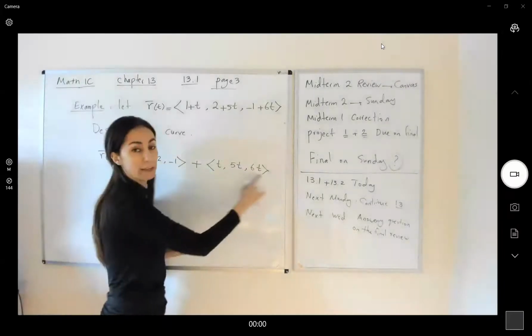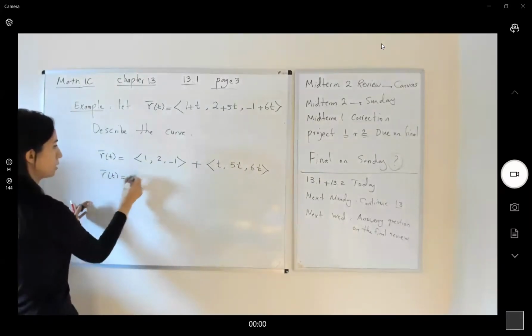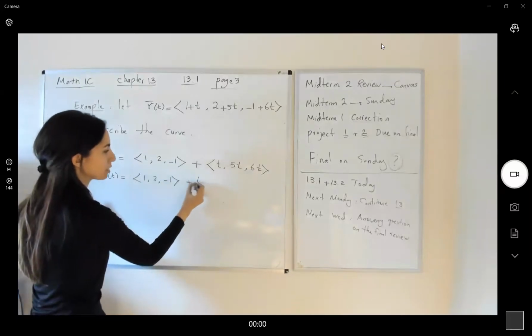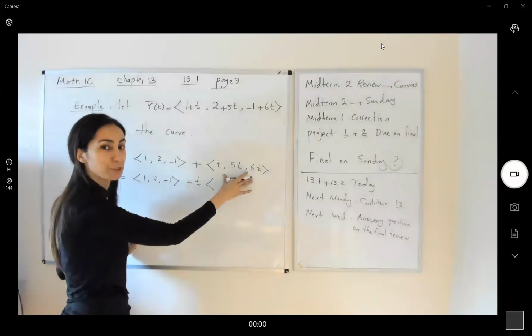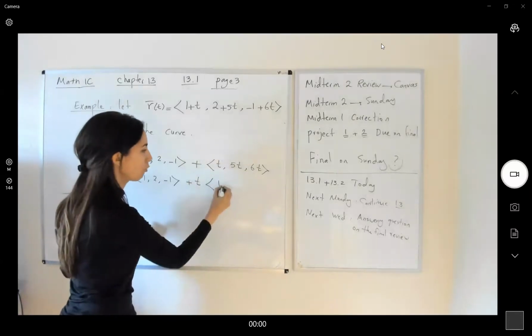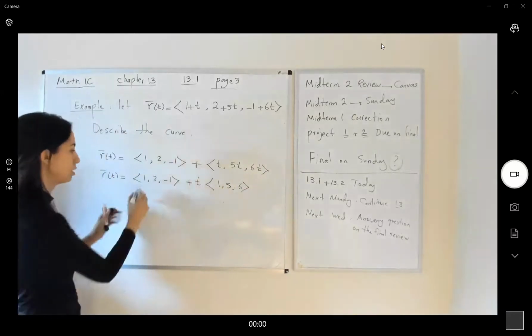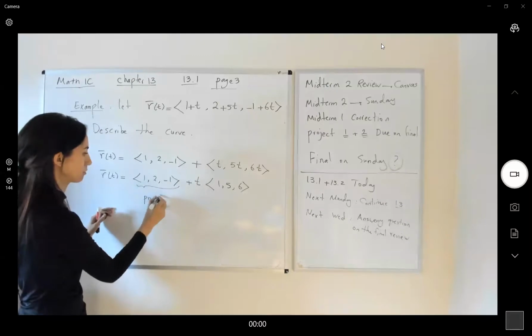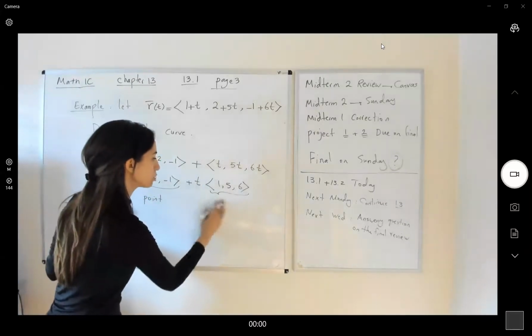Here, I'm going to factor out t. My r(t) is equal to 1, 2, negative 1, plus t times, now I'm forming my v, if you remember the directional vector, 1, 5, and 6. So this is your point, this is your parameter, and here you have your direction.